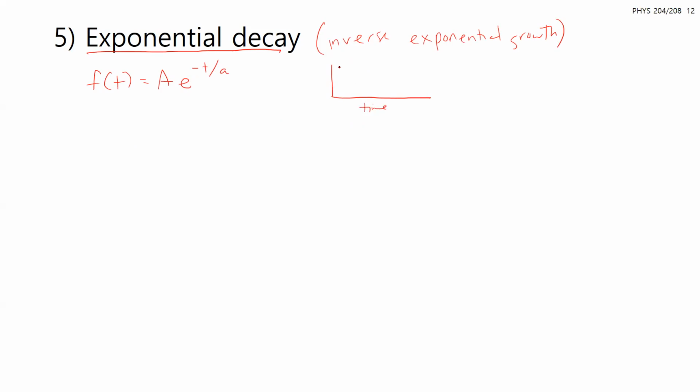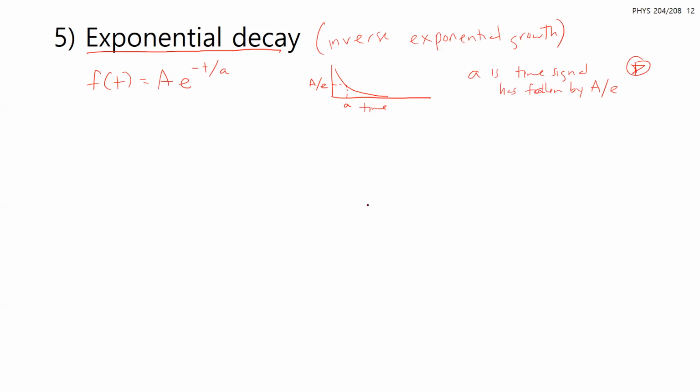So the time, we have an exponential decay. This time constant, lowercase a, is going to be at the value of capital A divided by the value e here. And this is just a good thing to know about exponentials as well.